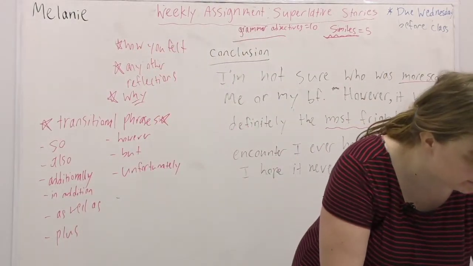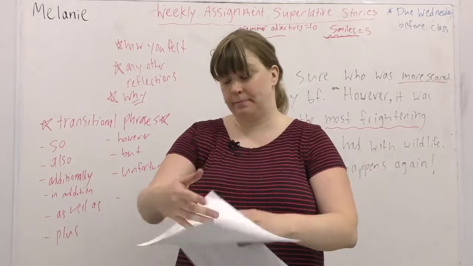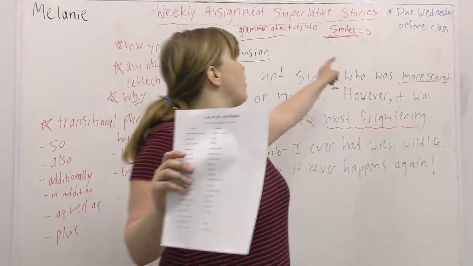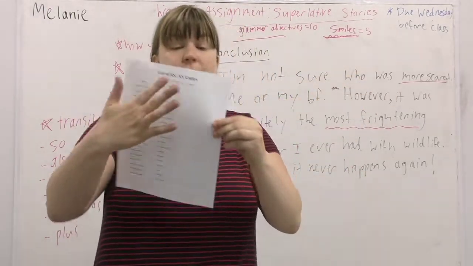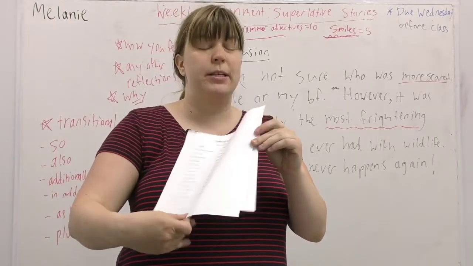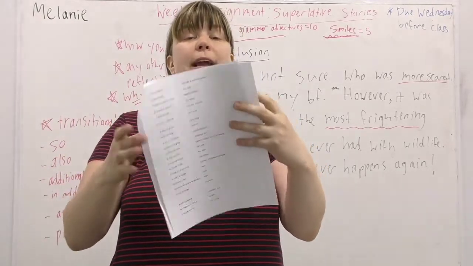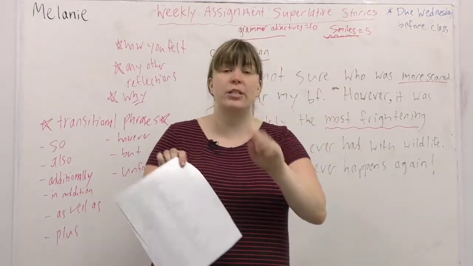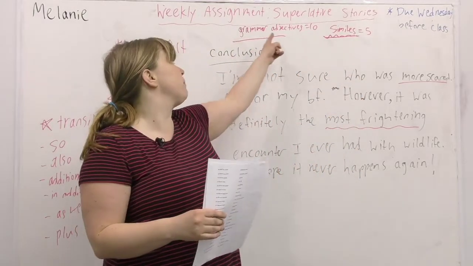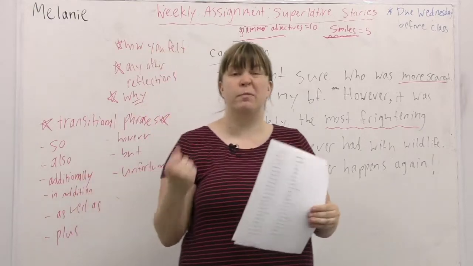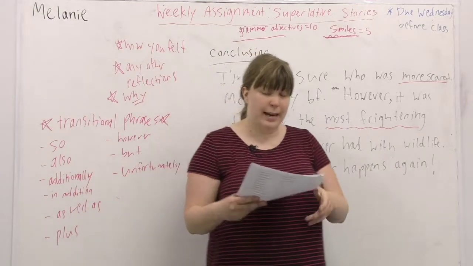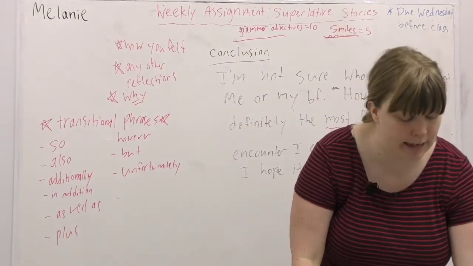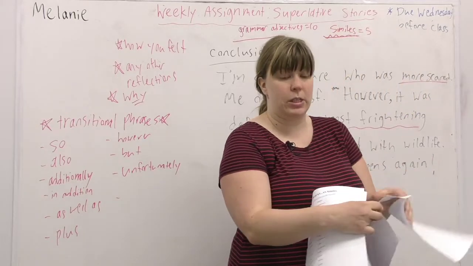And once again, for similes, vocabulary similes, here is another big list. You can use some ideas from here if you like. Now remember, you only need 5. This is where it might get a little bit tricky, but do your best, okay? Okay, so that is it for the assignment.